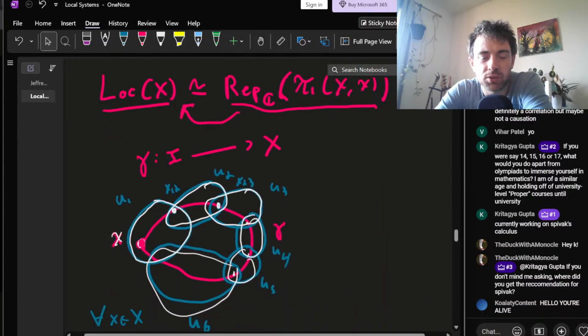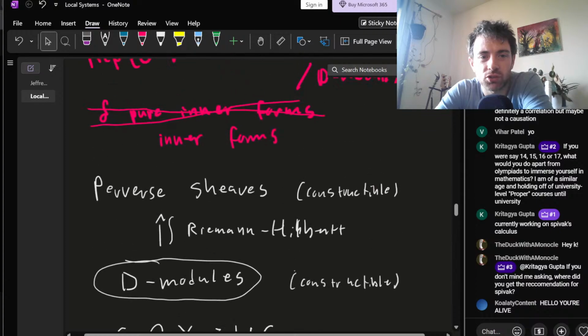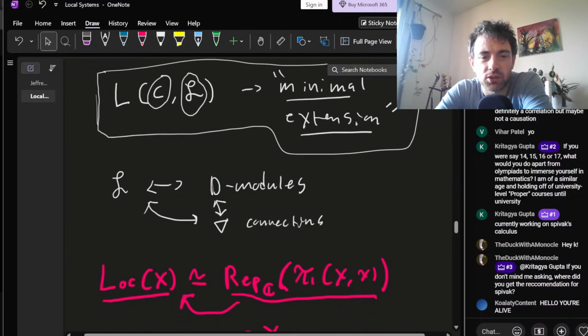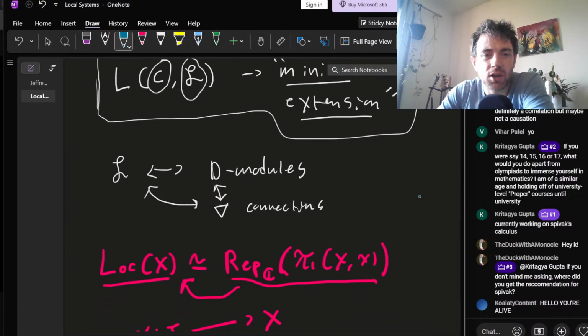We also talked previously a little bit about D modules, right? We saw that basically, I wrote down some examples previously. Well, no, we haven't talked about D modules. Well, secretly we did, right? I talked about a quasi-coherent sheaf with a connection.